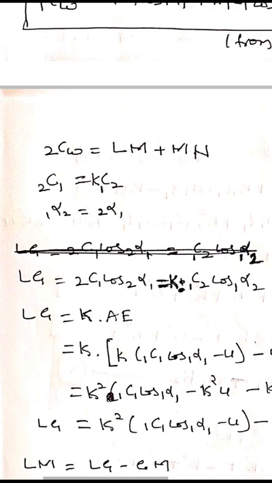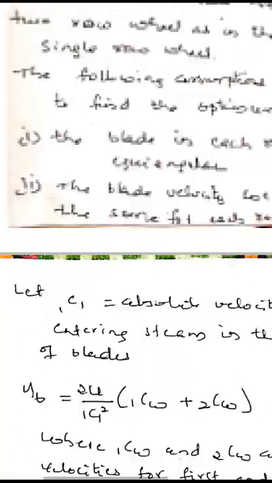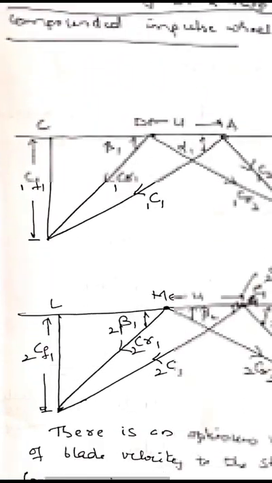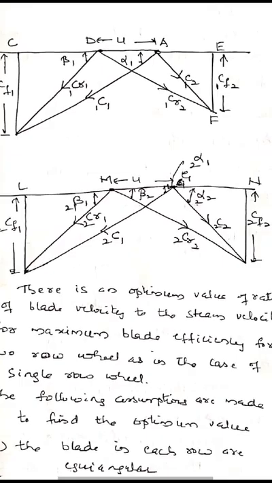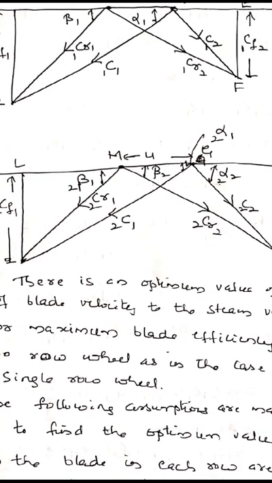Similar to that, we'll go to the second stage. The second stage 2Cw equal to LM plus MN. LM equal to LG minus GM. What is LG?